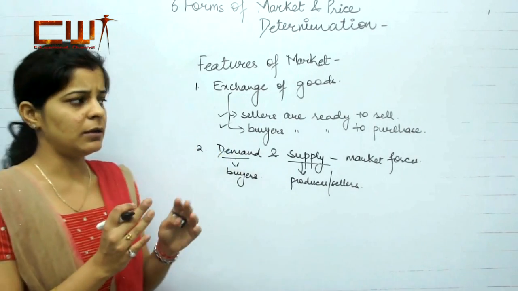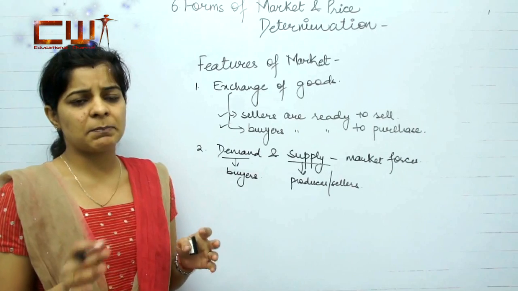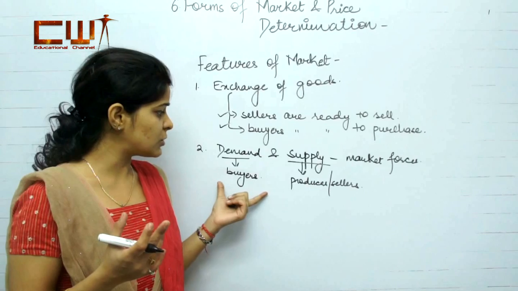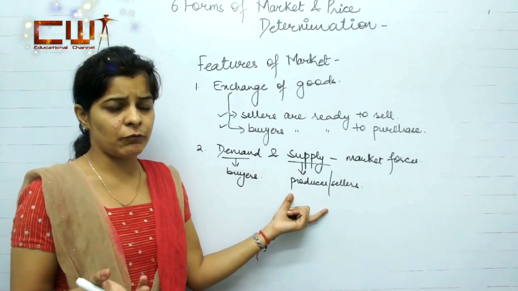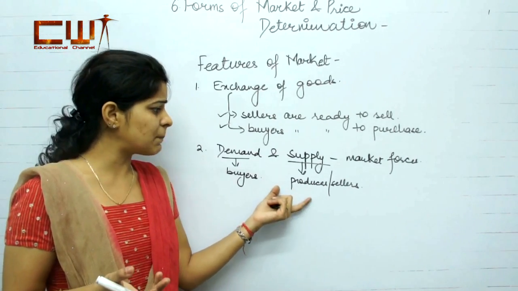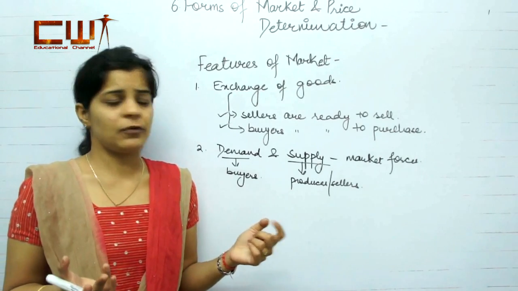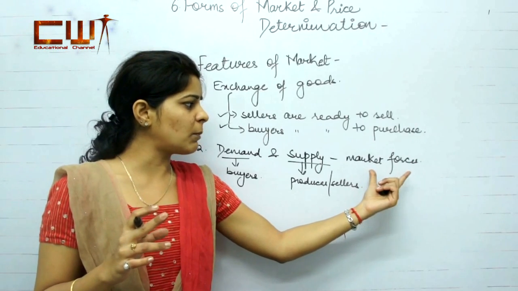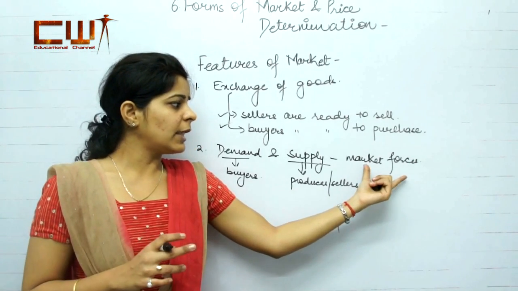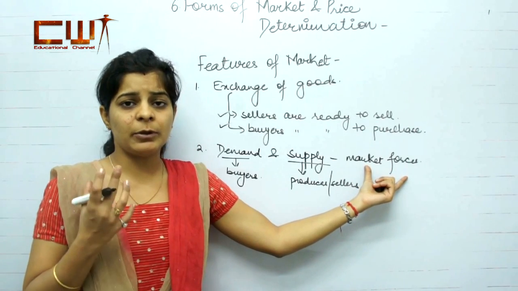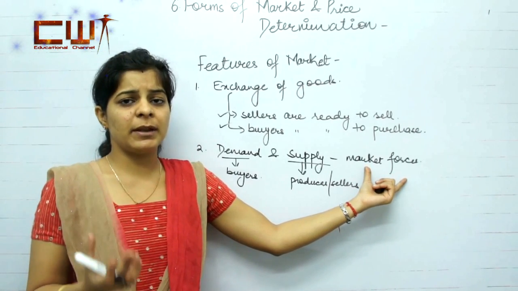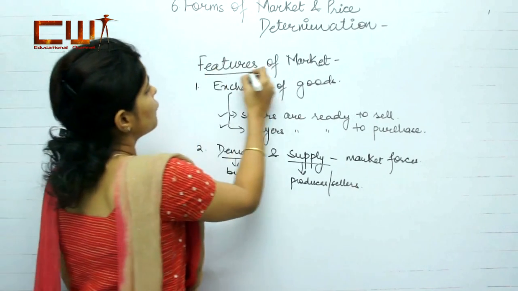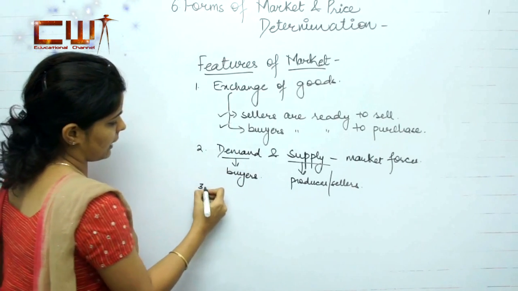If there is no demand and there is only supply, the supply is of no use. And if there is no supply and only demand, then who will fulfill the demand? That will also not take place. In order to form the market or to run the market, there are two important aspects which bring the market into full form, that is demand and supply. This is another feature of a market.